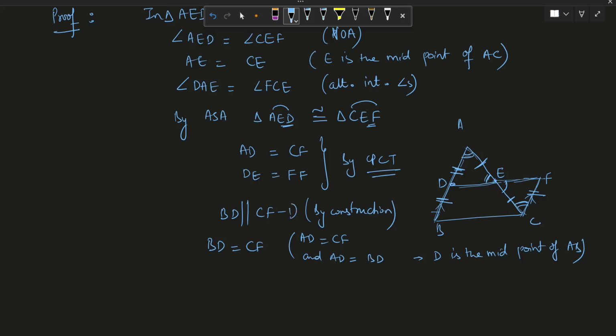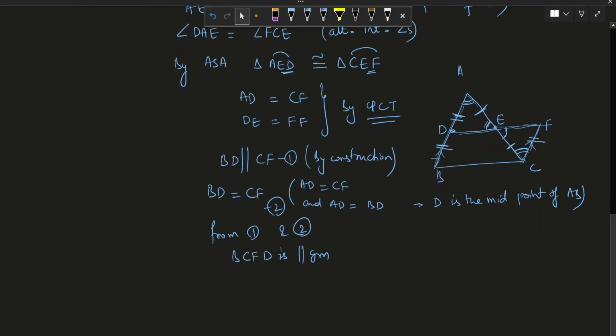Now this BD is equal to CF and this BD is parallel to CF. So let's say this is 1, this is 2. From 1 and 2, I will say that BCFD is a parallelogram, because one pair of opposite sides is parallel and equal. So what does this imply? If this is parallel and this is equal, it's a parallelogram.